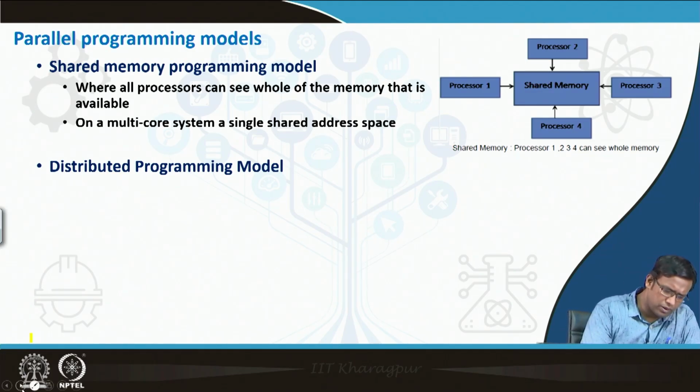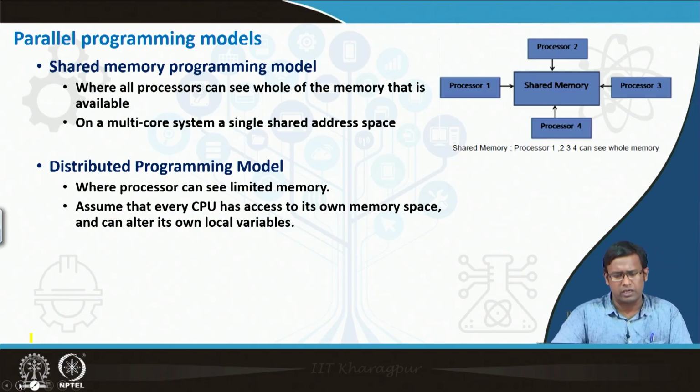The distributed memory programming has a difference: the processors can see only a limited part of the memory, and the entire memory space is not visible to the processors. Each processor can see a limited part of the memory, and one CPU can only access that memory and alter its local variables. It cannot see the entire memory.